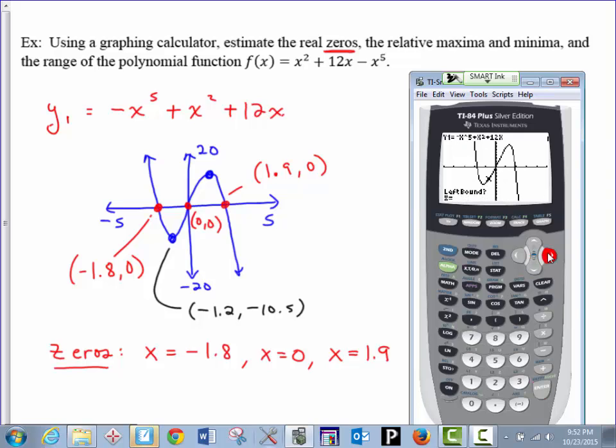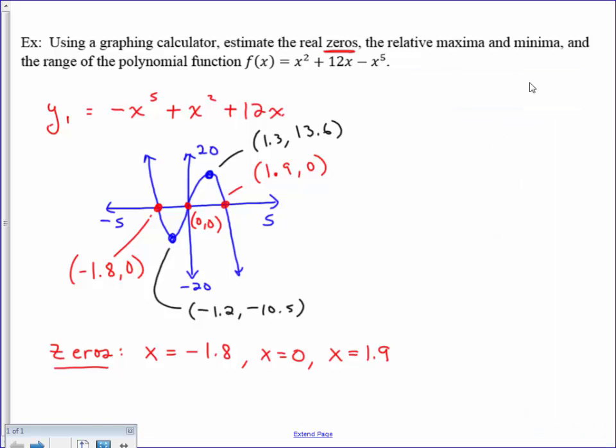We have to arrow over so that we're just a little bit to the left of that particular value. Press enter. Keep arrowing past it to the right. Press enter. And then when it asks for a guess, press enter again. That ordered pair appears to be 1.3 if we round, and then 13.6.